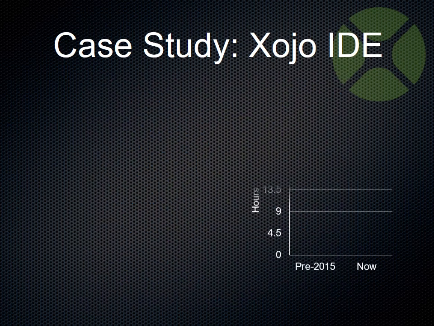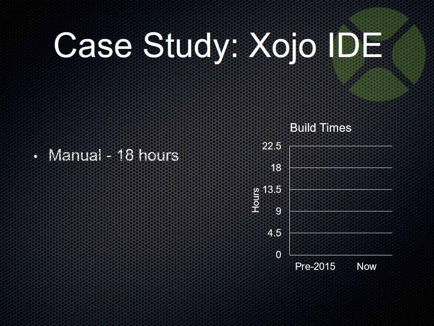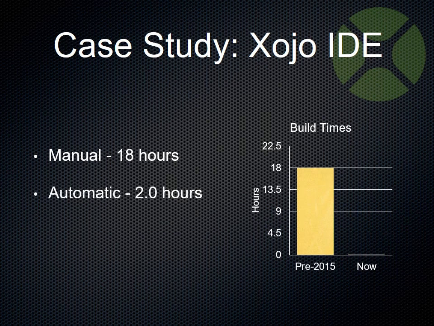It used to be that the time from when we decided that we wanted to do a build to when it would be available for review could be as much as 18 hours. This is the way it was just after XDC last year. When we automated our build process, it now takes 2 hours for the actual build part of it to be done.